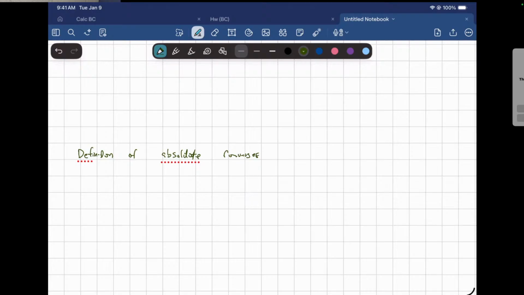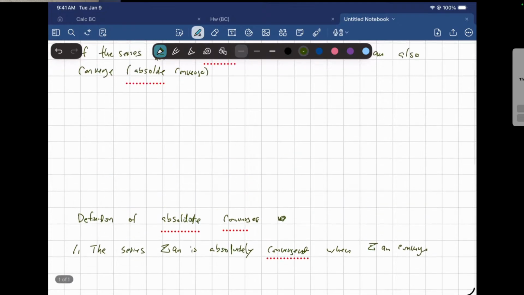So the first situation is that the series summation of a to the n is absolutely convergent when the summation of the absolute value of a to the n converges.